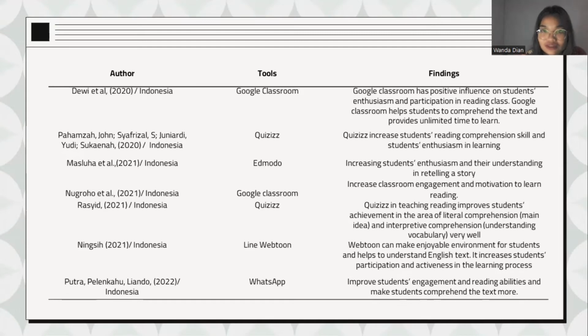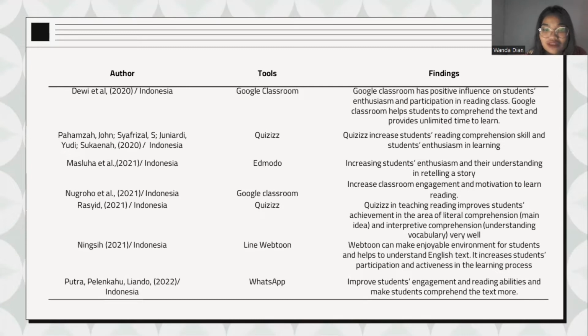Masluha et al. 2021 also conducted a study on the effect of Edmodo on students' reading skill, and revealed that Edmodo improved students' enthusiasm and their understanding in retelling stories. Nugroho et al. 2021 also conducted a study on the effect of Google Classroom on students' reading skill, and showed that Google Classroom increased classroom engagement and motivation to learn reading.